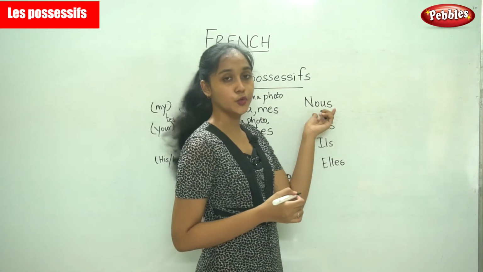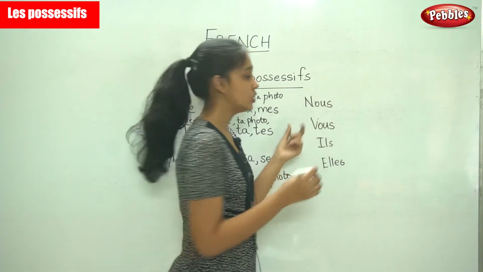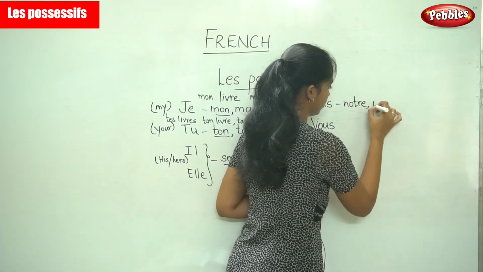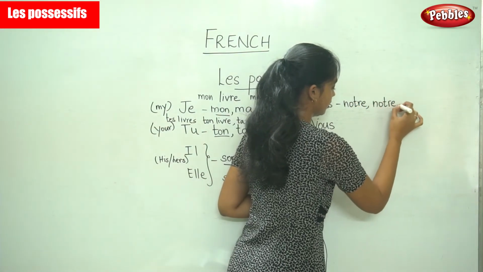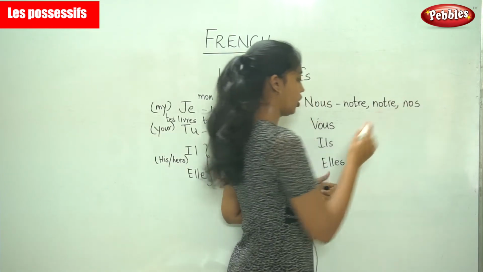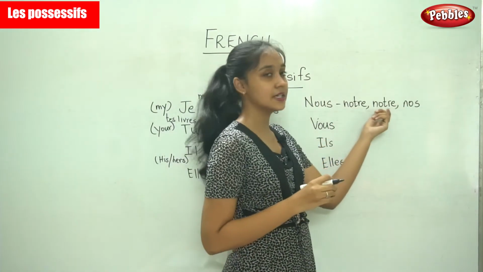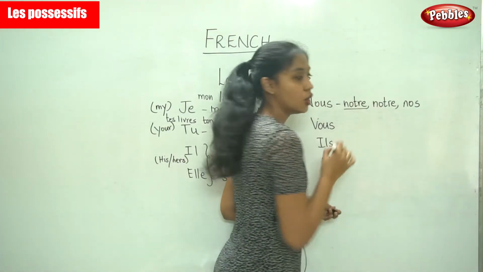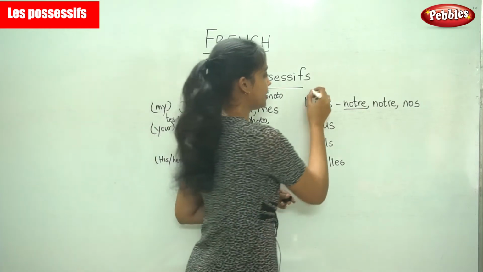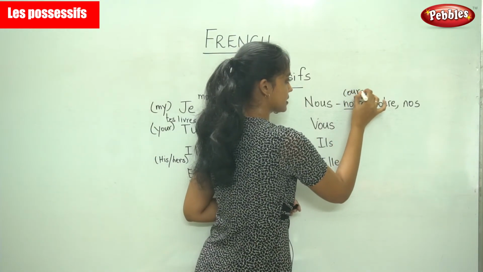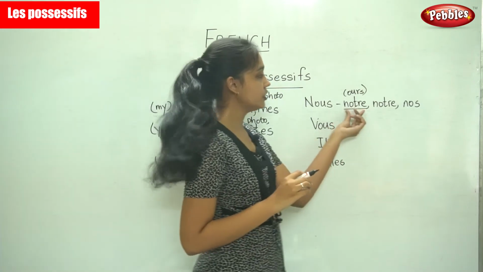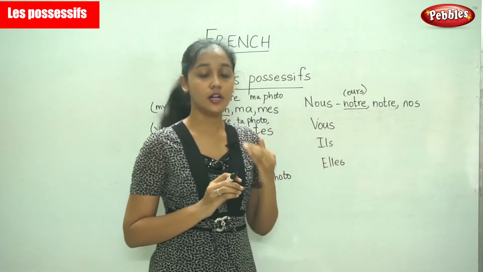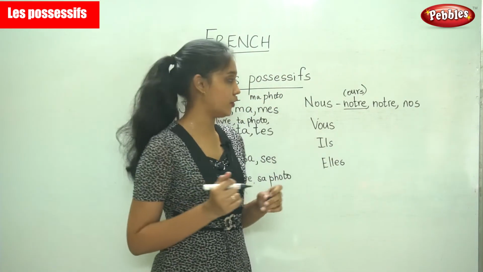Next, nous. For nous, we have notre, notre, and nos. So here, if you notice, whether the noun is masculine or feminine, the word is notre. Notre means our. Nos comes before a noun that is in the plural form.